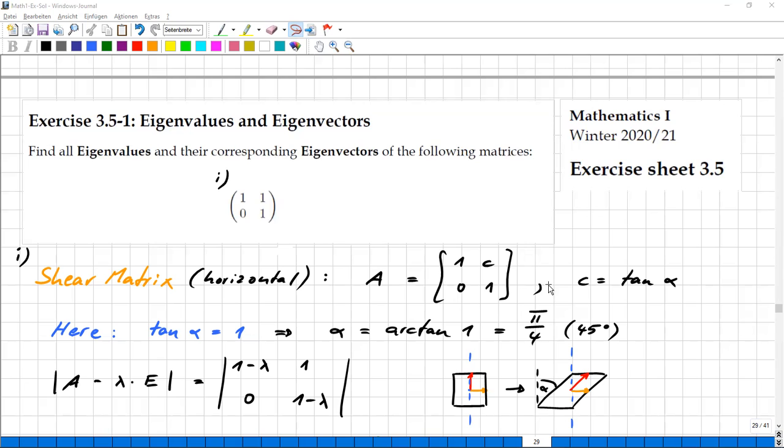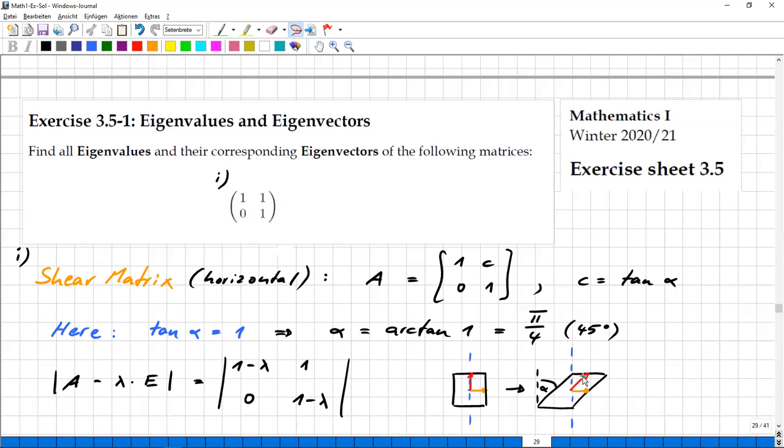So that's no surprise. If this is the case, then looking at this little sketch here, we would expect no more eigenvectors to exist, because the red one wouldn't work. It changes direction, as you see.